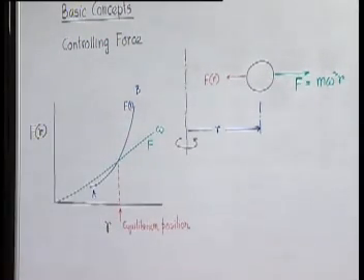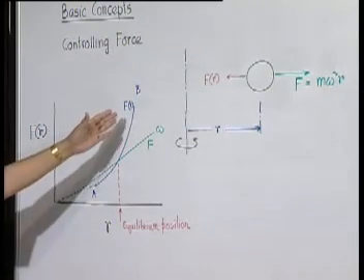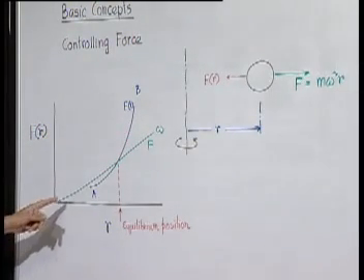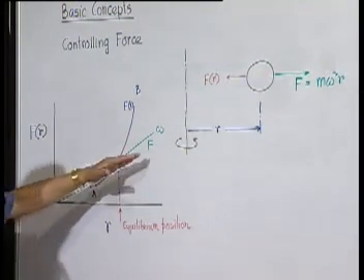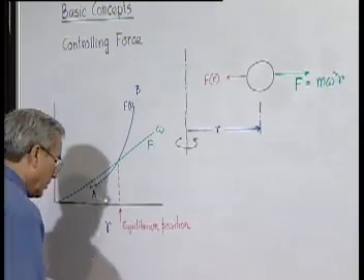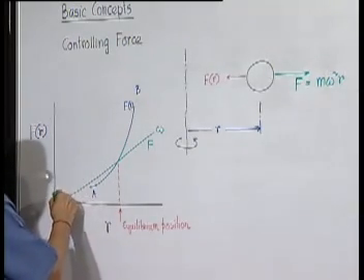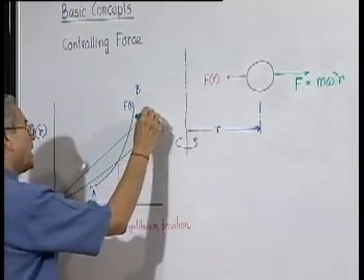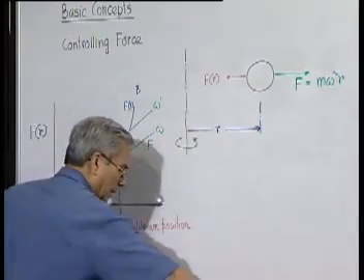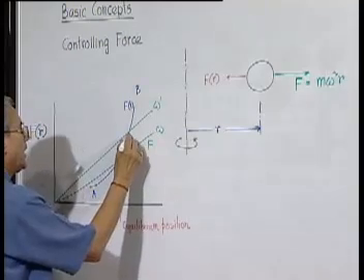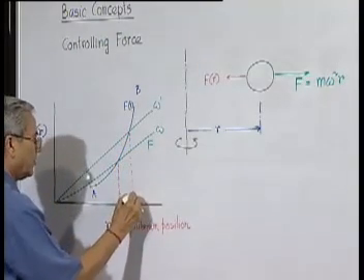So, at a particular speed, depending on the control force characteristics, the governor will run at a particular radius. That means the balls rotate at a particular radius from the central axis. What happens if the speed increases? It is very obvious that if you go from this speed to another speed, say omega prime, the radius at which equilibrium is achieved will be higher.